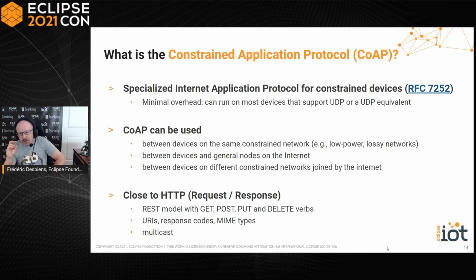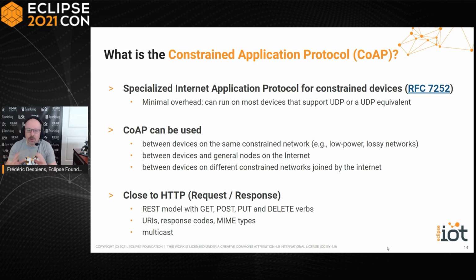Really, the main quality of CoAP is that it runs on minimal overhead and can support any device that will support UDP or an equivalent to UDP. And it can be used to network together devices on the same network, or network between a specific local network and the public internet, or even link together remote devices over the public internet as well.